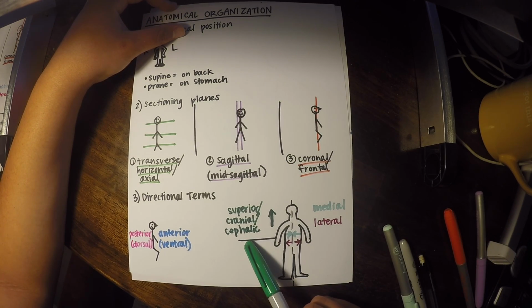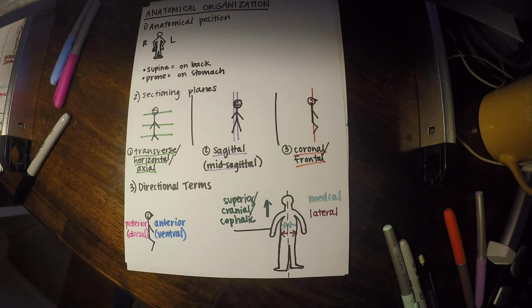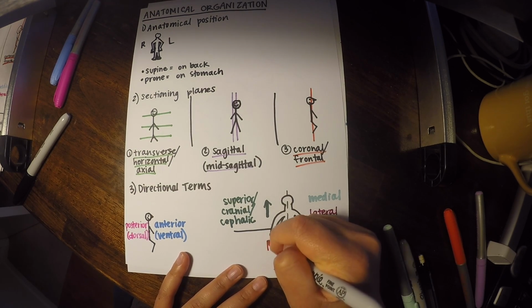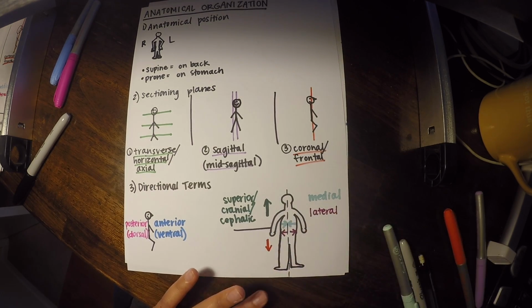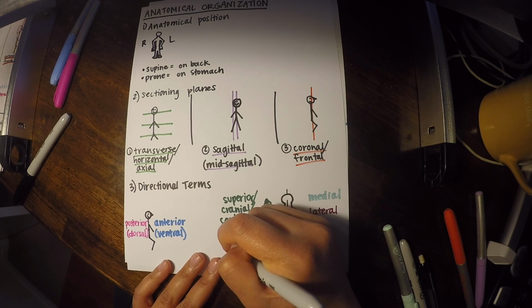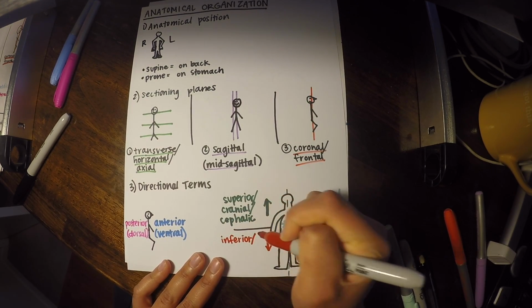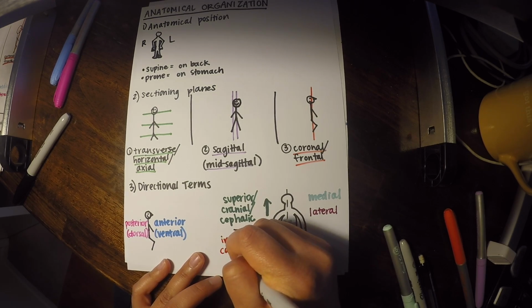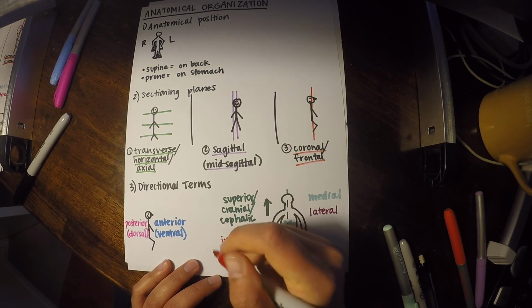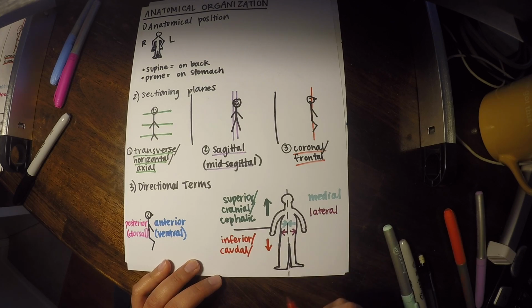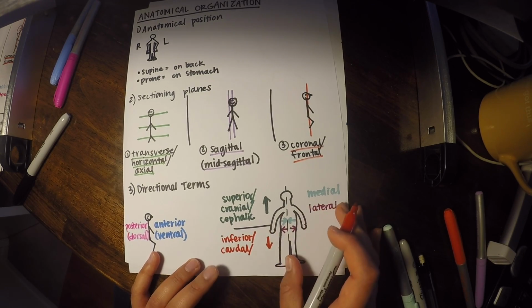So when we're talking about this, we can also say it in the opposite direction, pointing down. When we're talking about things lower down, we're going to reference them as being inferior. And another name for that is caudal.